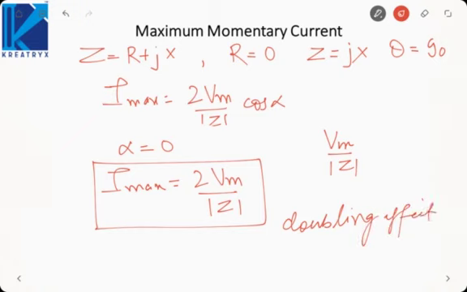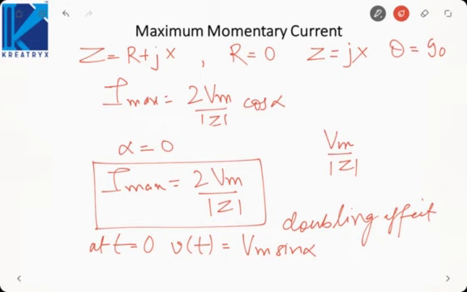Okay. Now what does alpha represent? We were considering fault at t is equal to 0. So at t is equal to 0, what will be the voltage? It will be Vm sine alpha. So alpha indicates the initial voltage at the time of occurrence of fault. Taking alpha is equal to 0 reduces the initial voltage to 0. Okay, that means at the time of fault, voltage was 0.